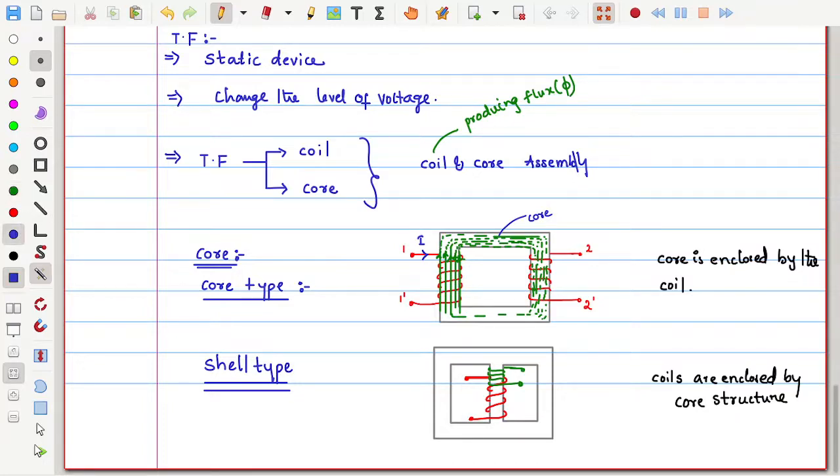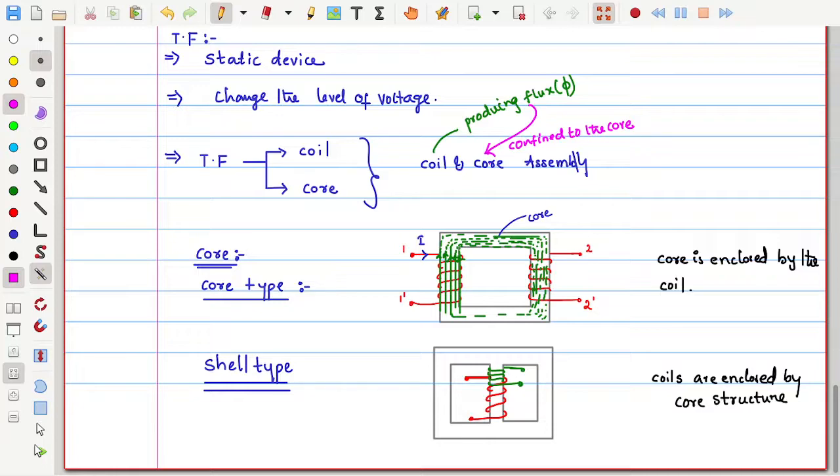The produced flux is confined to the core by using this magnetic material. The core is usually any magnetic material that confines the flux.